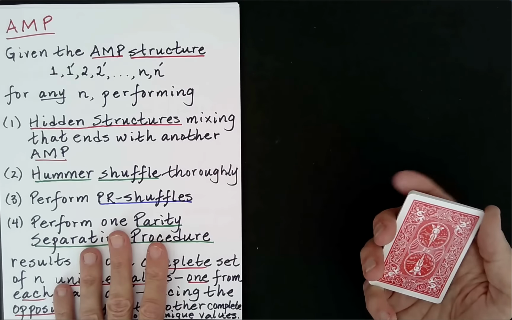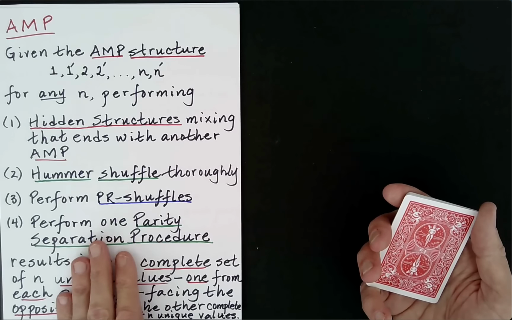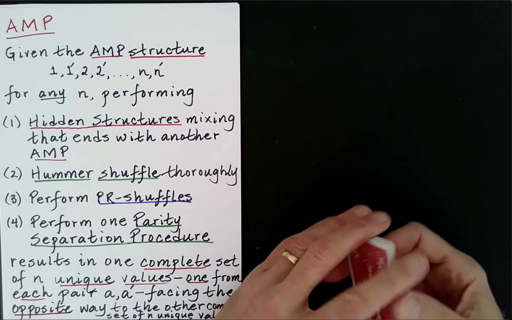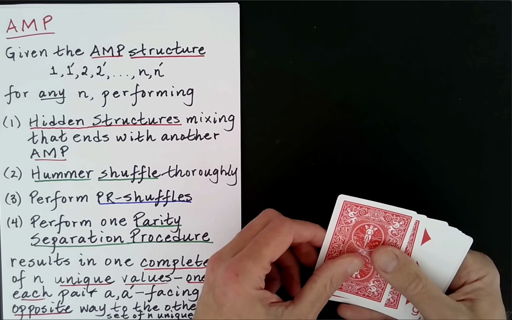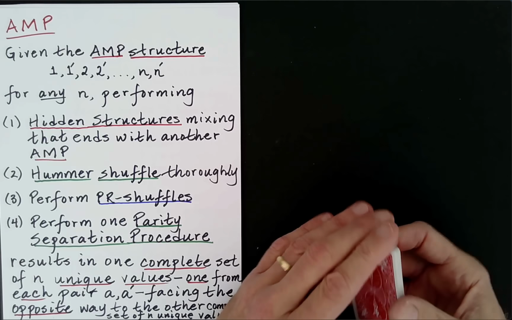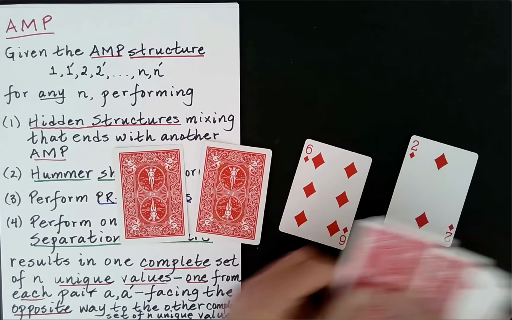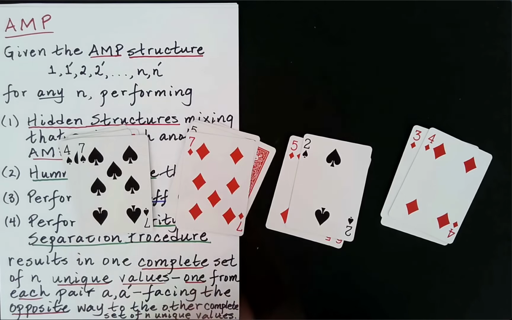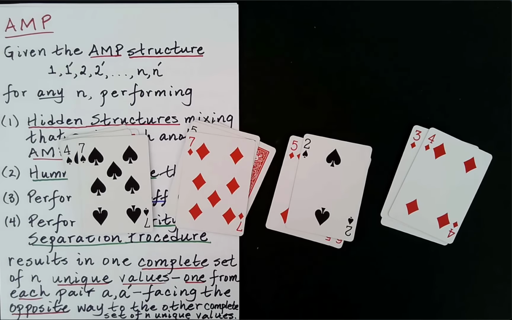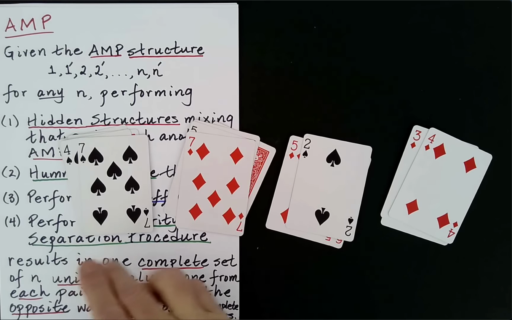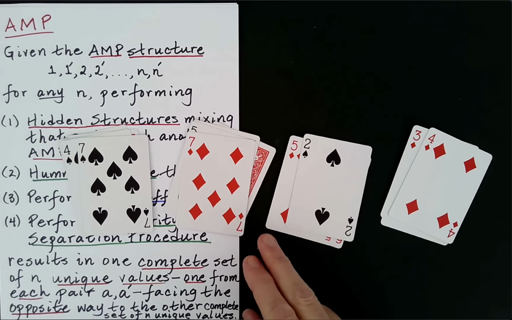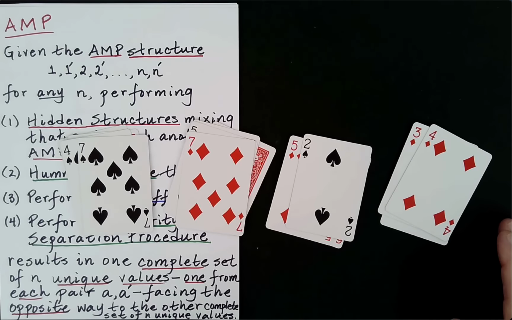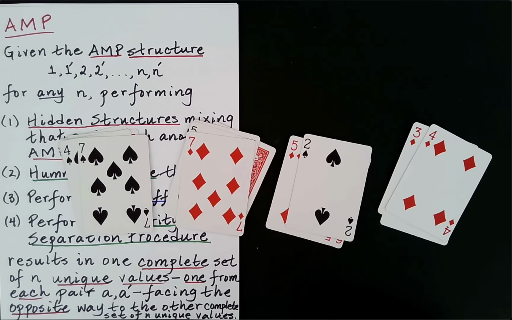And then at the very end, we just need to do a parity separation procedure. And so we could do a folding procedure if we wanted to. Now, what's nice about the folding procedure is that if you notice, I didn't finish an entire set of 4, because I can't, because there are 14 cards.